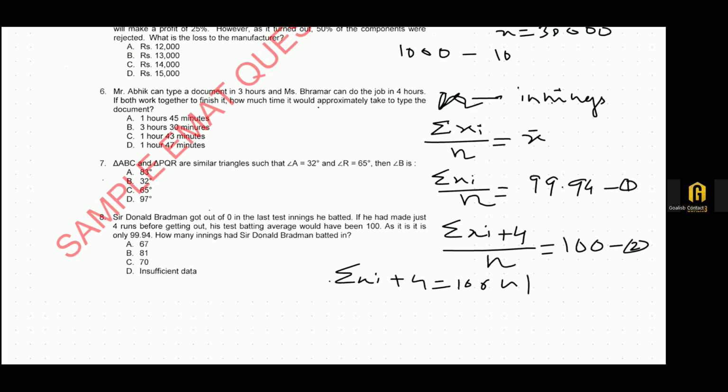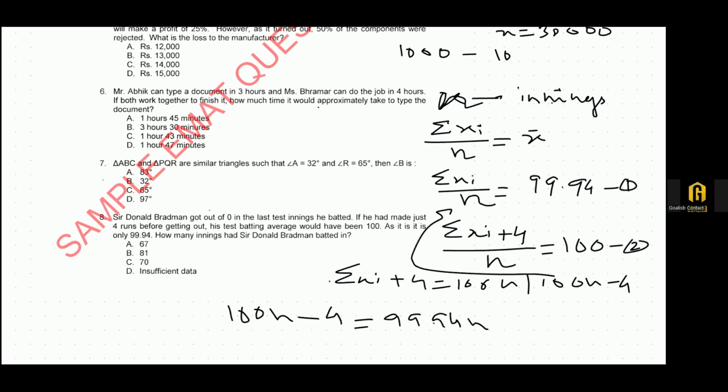We can use this value in the first equation. So we'll say 100 n minus 4 is equal to 99.94 n. We'll bring n on the left side, take 4 on the other side. So that will give us 100 n minus 99.94 n, which is 0.06 n, will be equal to 4.